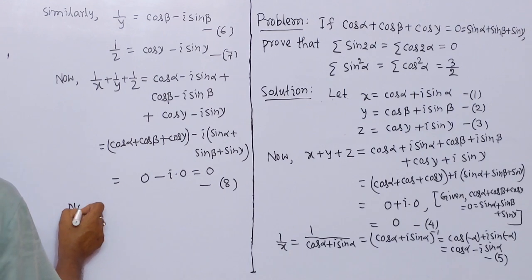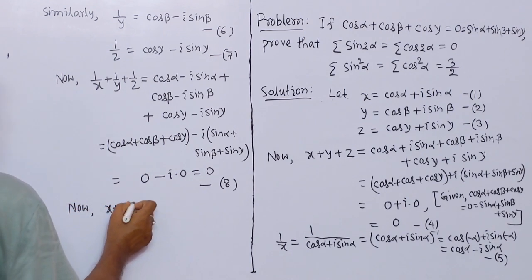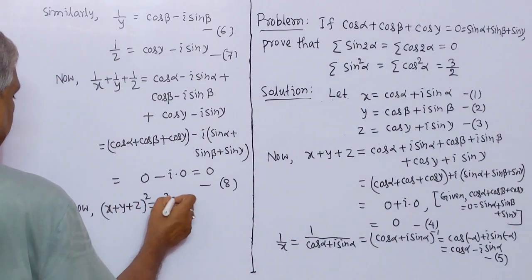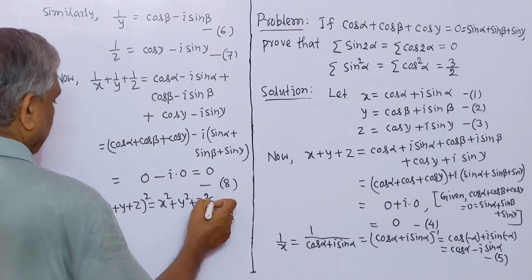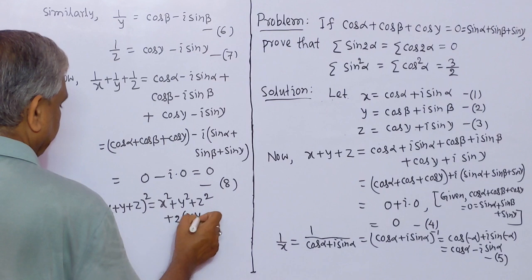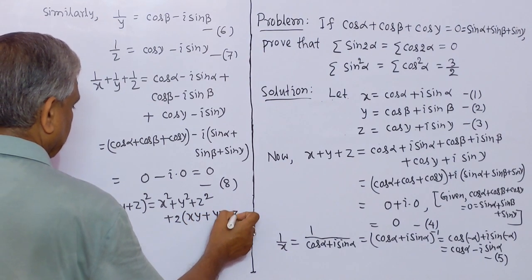Now x plus y plus z whole square equal to x square plus y square plus z square plus 2 times the bracket xy plus yz plus zx.